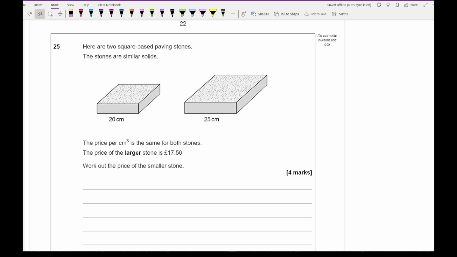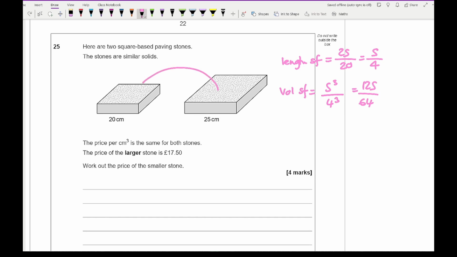So for this, what we need to first work out is the length scale factor, which is 25 over 20, which is 5 over 4. Now, if this length scale factor is 5 over 4, then the volume scale factor is going to be 5 cubed over 4 cubed, which is 125 over 64. Now, to go from the big shape to the small shape, we divide by the scale factor.